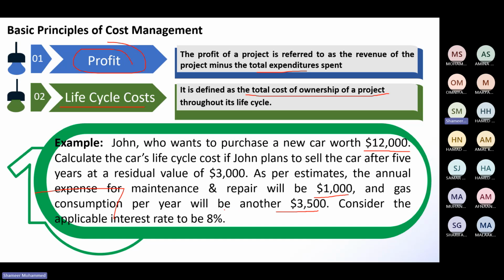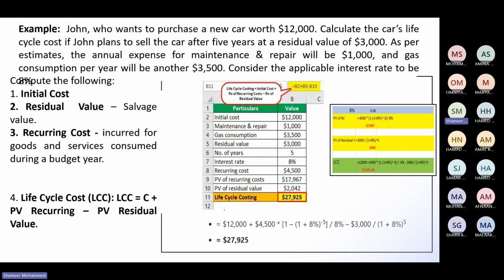Now, you need to consider how many months you need to take the loan. So when you go and buy the car, this type of example will be given to you. This is the case study question. So you have to find the life cycle cost. Life cycle cost is nothing but the total here.